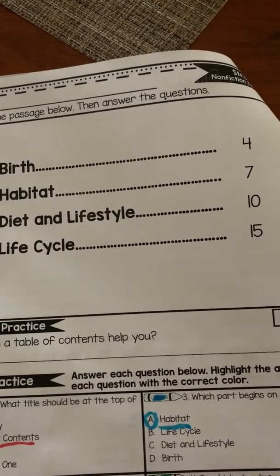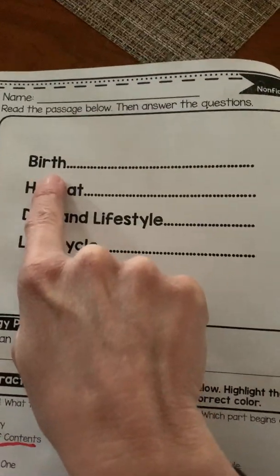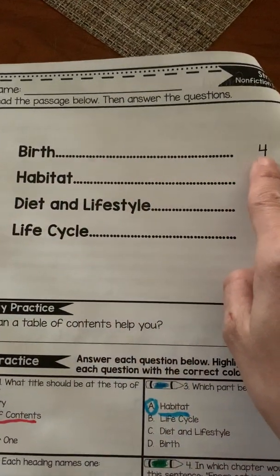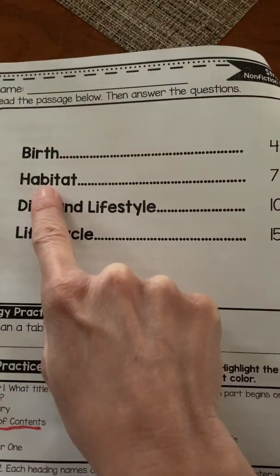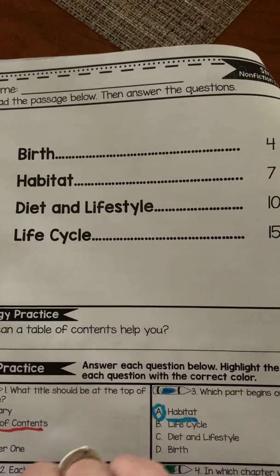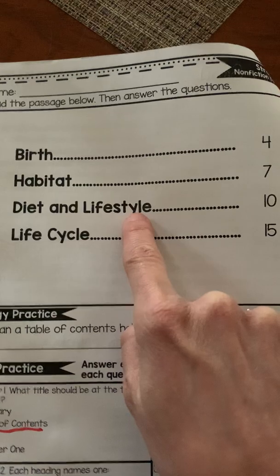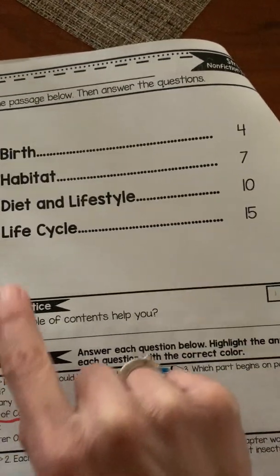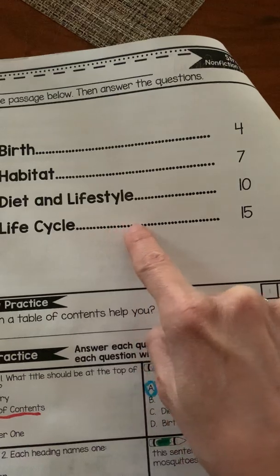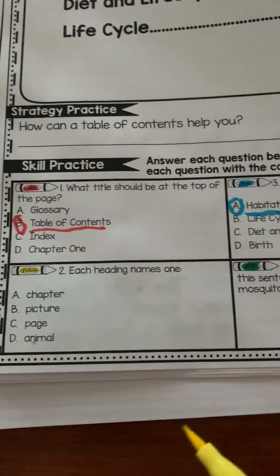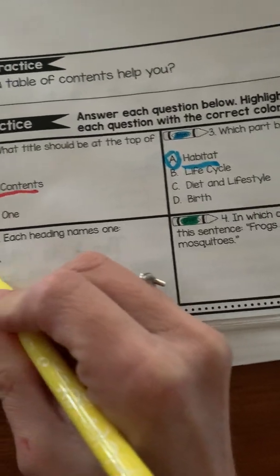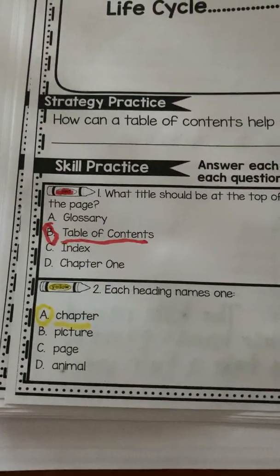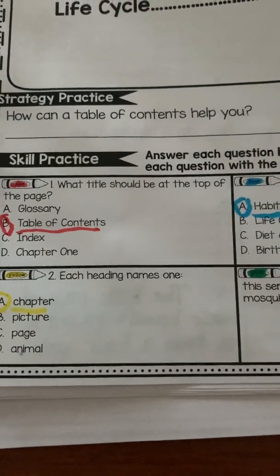Or an animal? Boys and girls, these are the chapters. The first chapter that begins on page 4 would be called birth. The next chapter would be about the habitat of an animal, found on page 7. Diet and lifestyle would be the chapter found on page 10. And life cycles, we would learn about animals on page 15. So the answer is A, and you circle or highlight A. It's a chapter in a book.